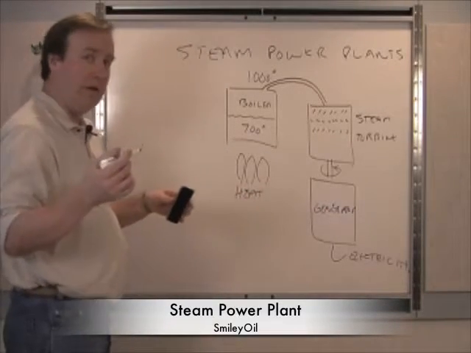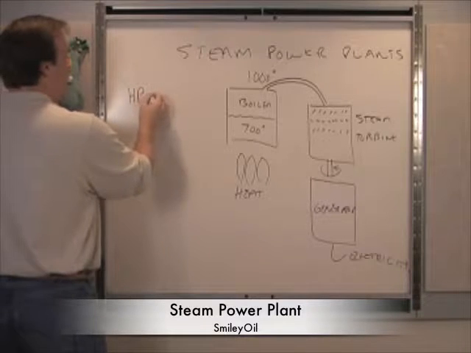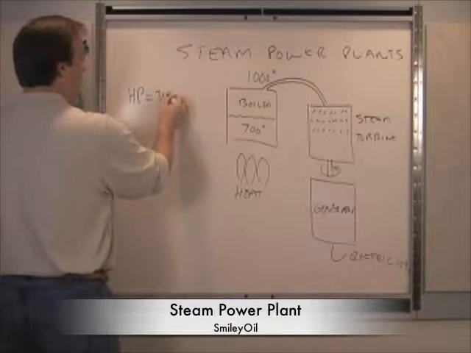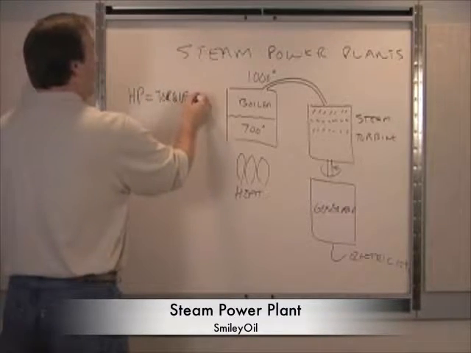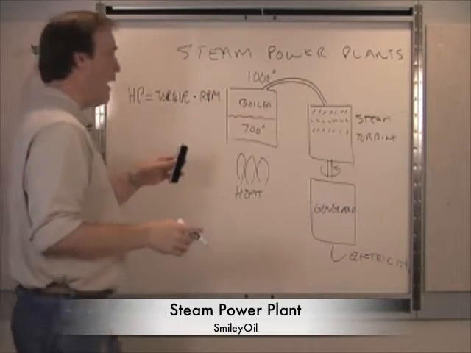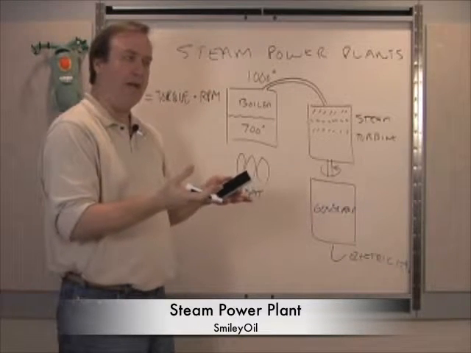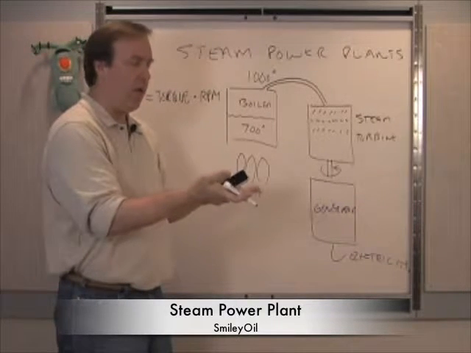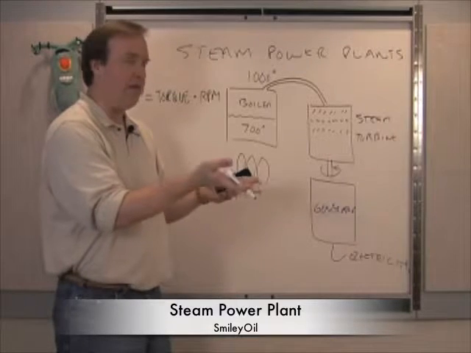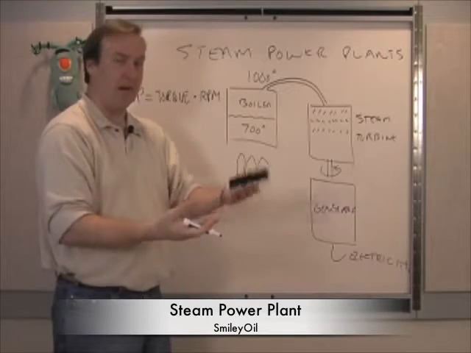Now, another equation of power is horsepower is equal to torque times RPM. In the mechanical world, we also had the definition of horsepower, where we had the horse lifting 550 pounds 1 foot every second. So that was linear translation.